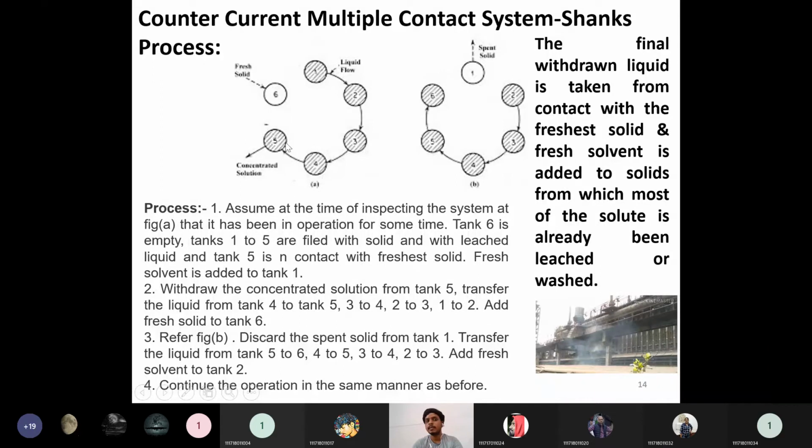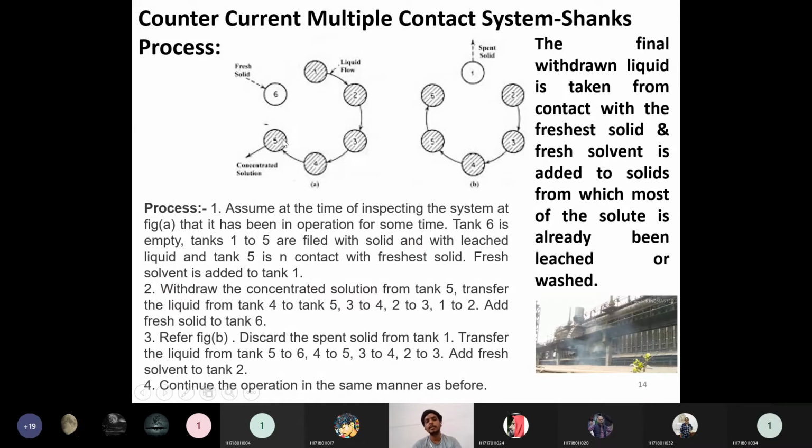The solvent that was inside at time t = 0 arrives here at time t = 5, and at the same time you are filling this tank with fresh solid.